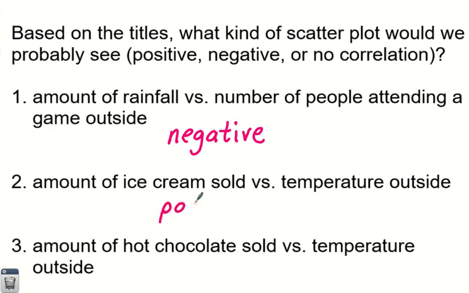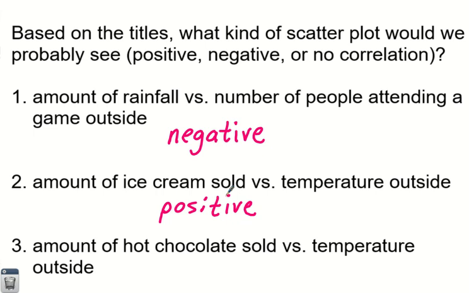I think for the most part, you'd probably say there was a positive correlation. I know there'd be some anomalies, but I would think for the most part that as temperature rose, more people would be buying ice cream. So positive correlation.